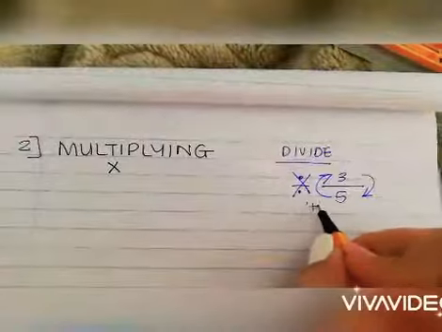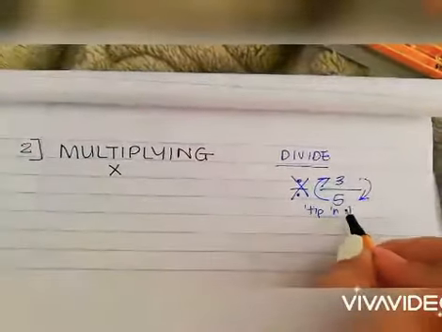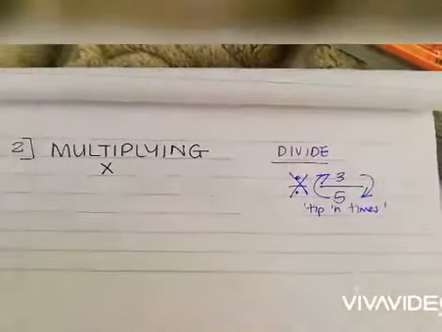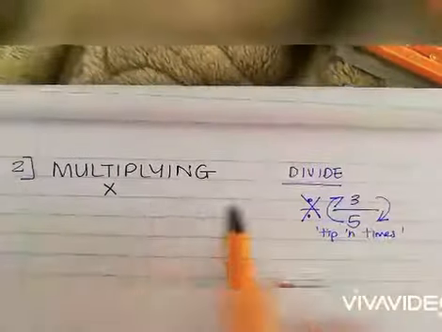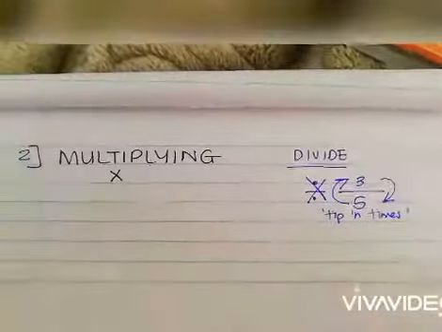That's called the tip and times method. So you're basically still multiplying, you just need to swap it around.